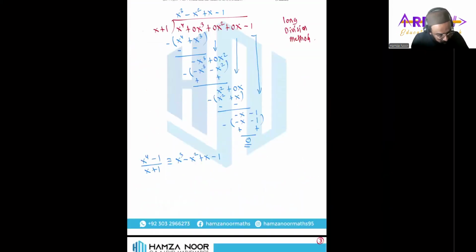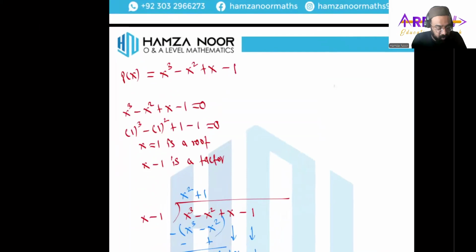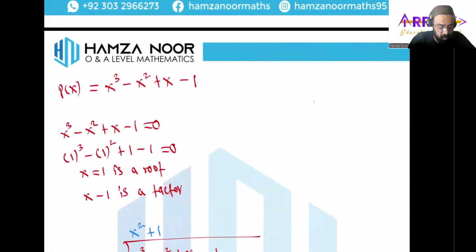For that purpose, assume that we have a polynomial x cube minus x square plus x minus 1, and you don't know any factor. And if this polynomial was equated with 0, you don't know any solution, any root.